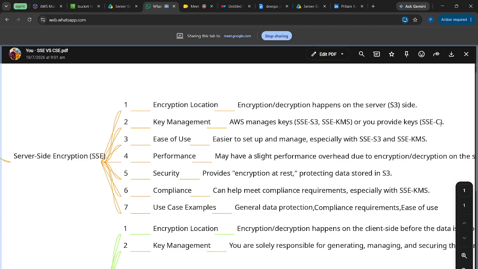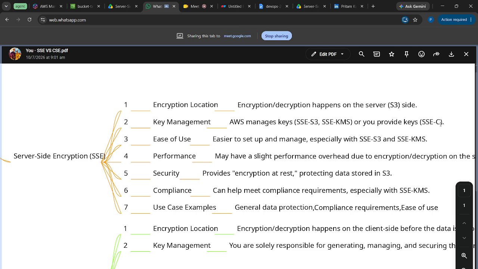Management means if you want some modification in your key, if you want to upgrade or update your key, all of that needs to be managed by you yourself. AWS is not going to be involved in any of the process. Once you modify your key, you again have to hand it over to AWS.